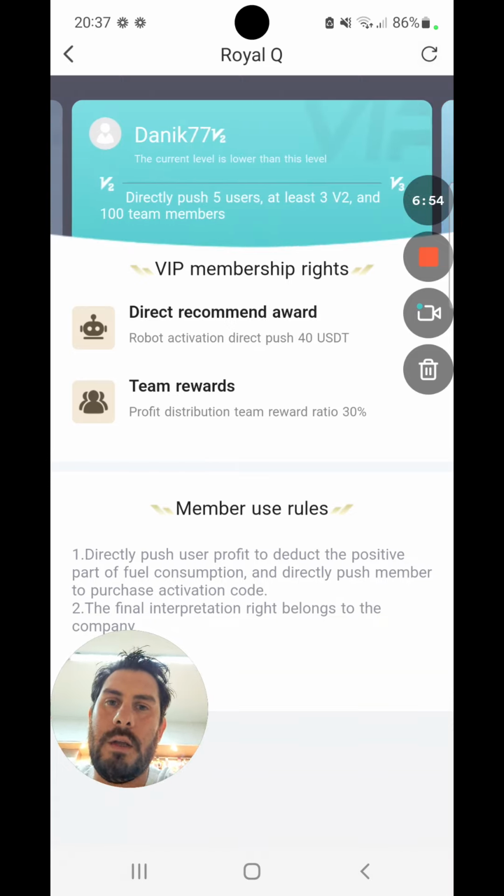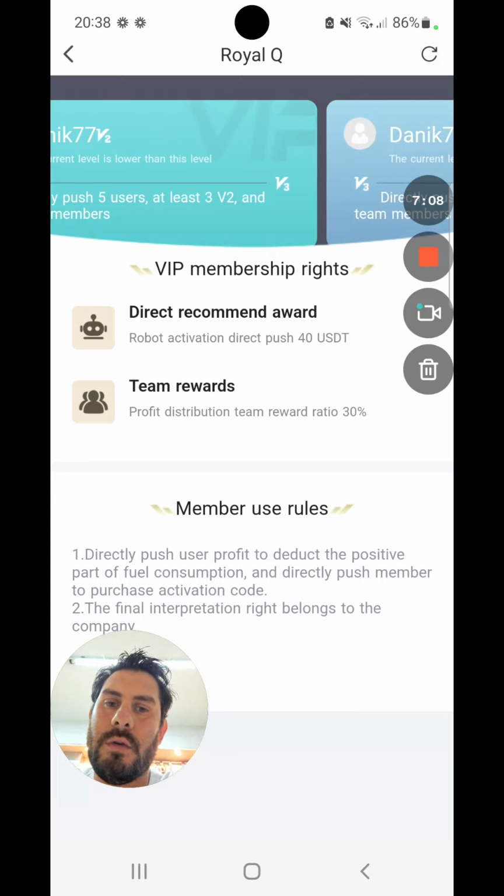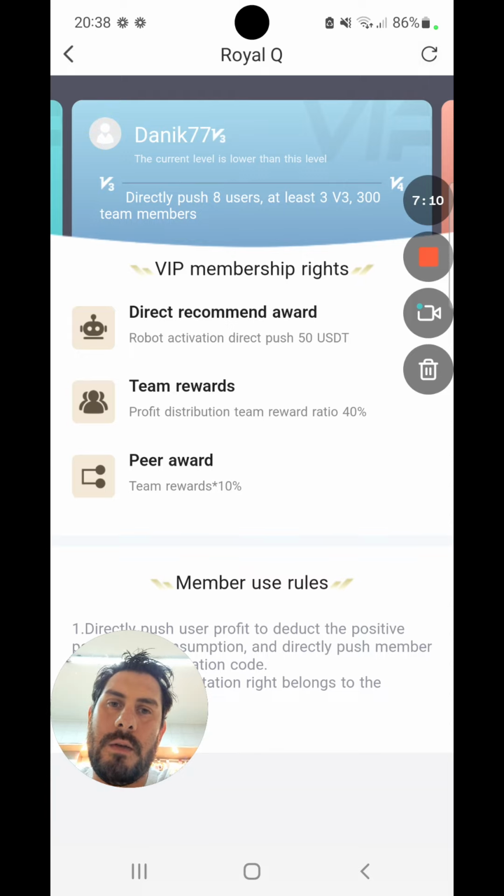Here we can see that to pass to V3, you need to have 3 V2s and 100 members, and from each recommendation you get 40 USDT plus 30% recommendation rewards. And the same here, to get V4 you need to have 3 V3s in your team, 300 members, you can make 50 USD, 40% distribution, and team rewards of 10%.